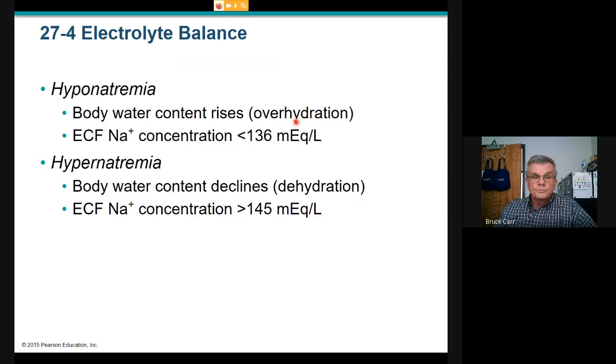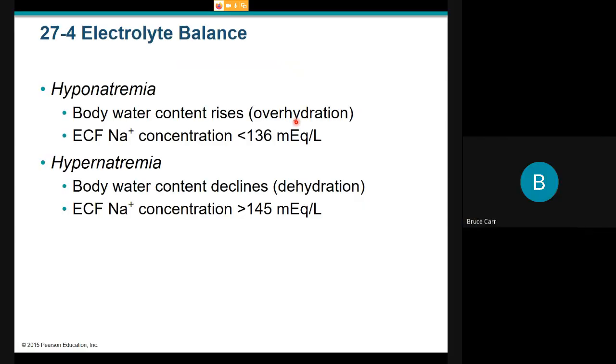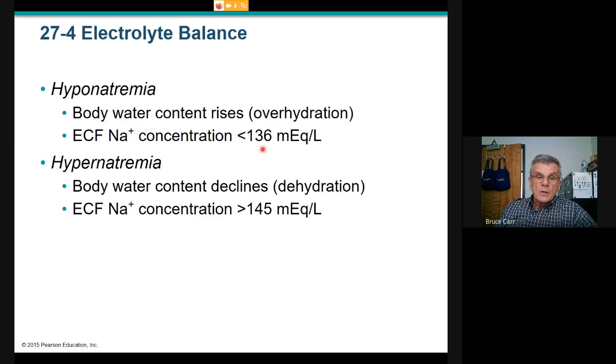Hyponatremia is low sodium content. Overhydration is the main cause. So you want to dump some body fluids. And this happens when the ECF sodium concentration is below 106 milliequivalents per liter.